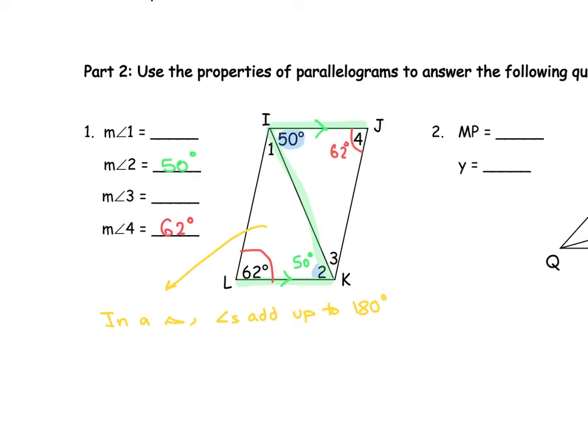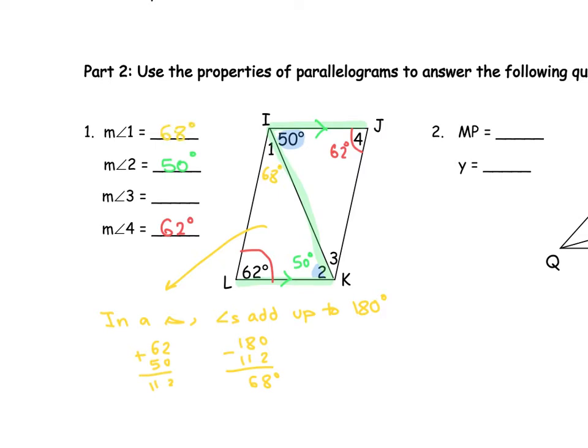So since I have this to be 62, this to be 50, I can find angle 1 by adding 62 and 50. So I get 112, and then I subtract that from 180, and that should give me 68. So then angle 1 is 68 degrees.